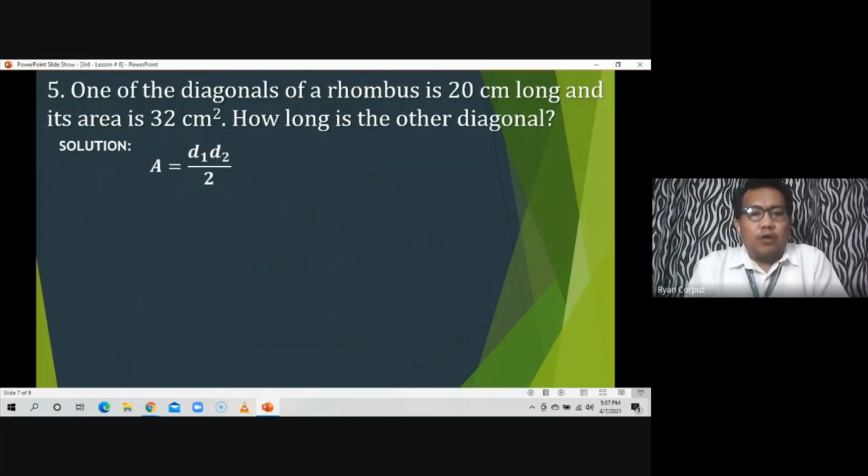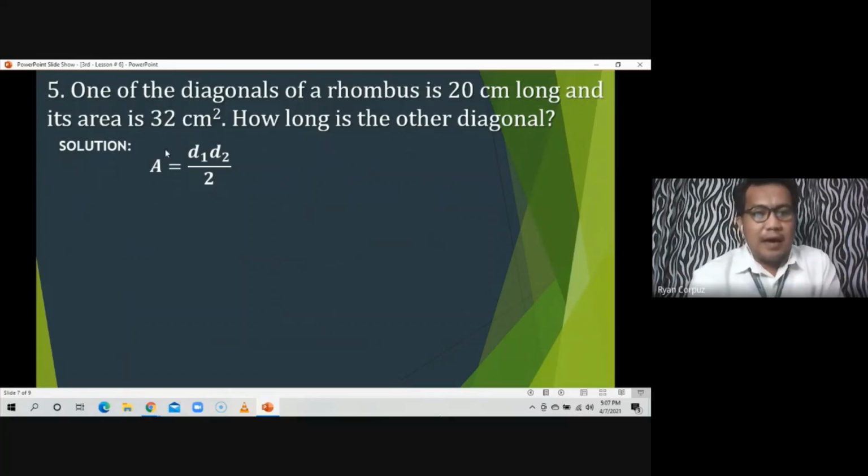What we are looking for is the measure of the other diagonal with the given measure of one of its diagonals as well as its area. So, ang gagawin lang natin, yung mga given in the problem, we just have to substitute it to the given formula.